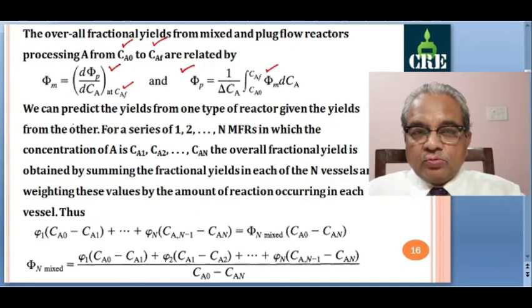That means if you know the overall fractional yield in one kind of reactor, you can evaluate another. We can predict the yields from one type of reactor given the yields from another.